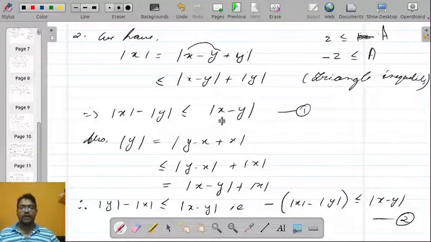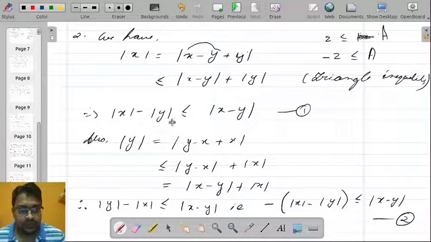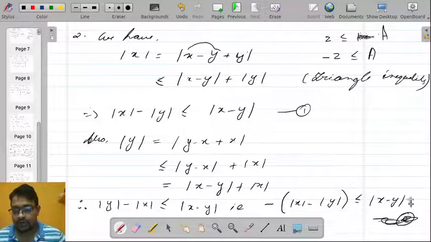So from 1 and 2 it follows that this modulus of this quantity is actually less than or equal to... or let me do it one more step so that it's easier to understand.